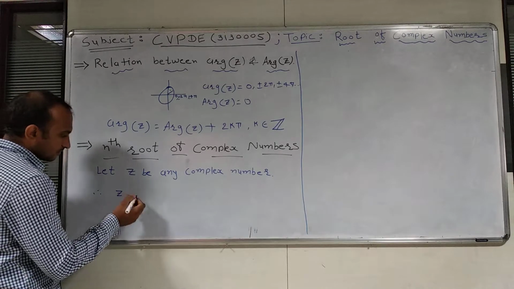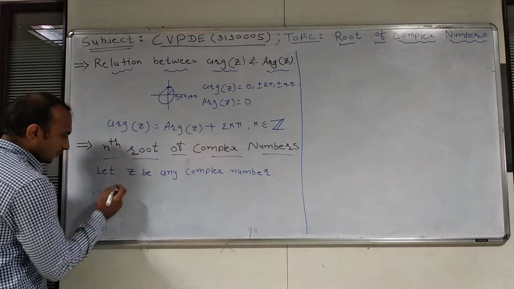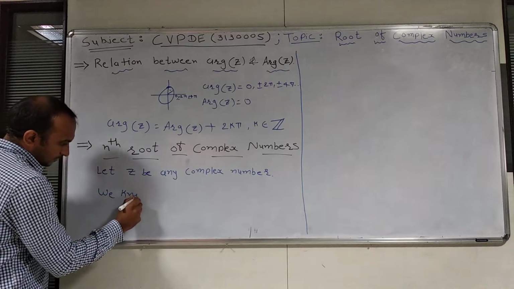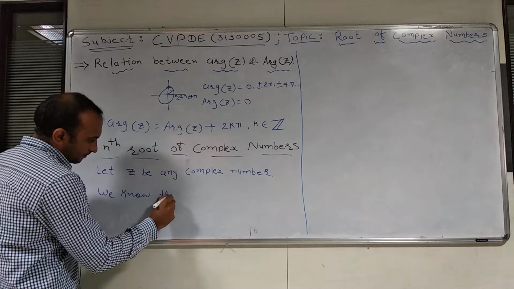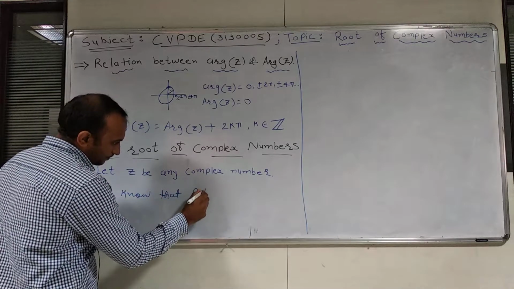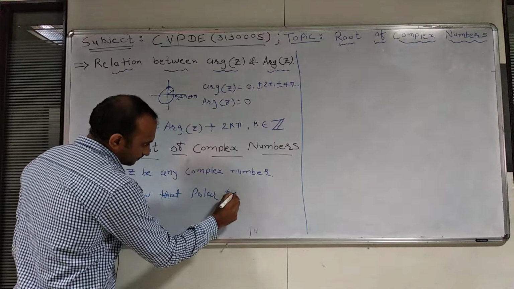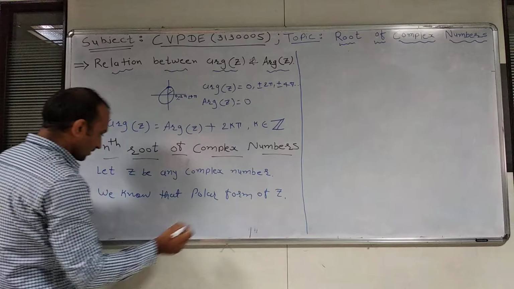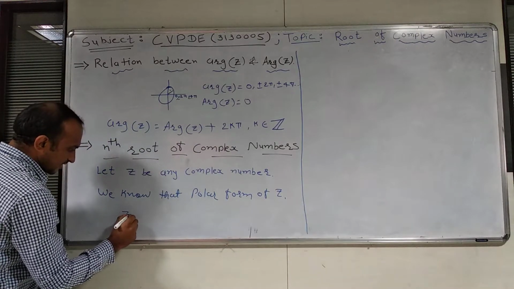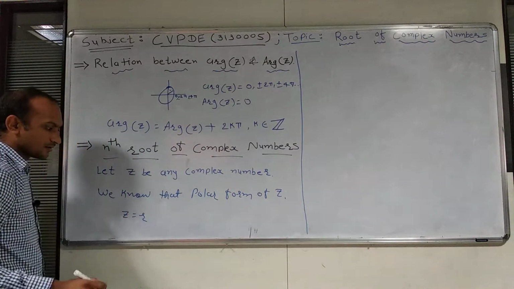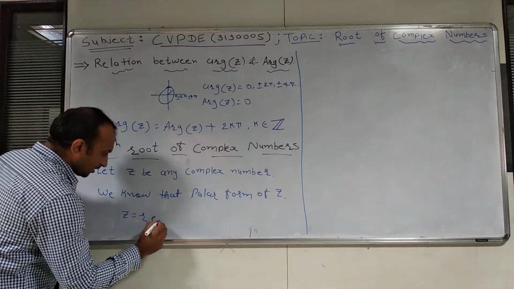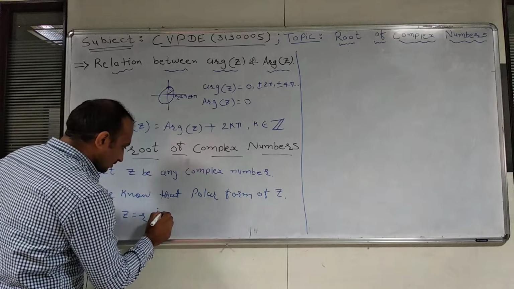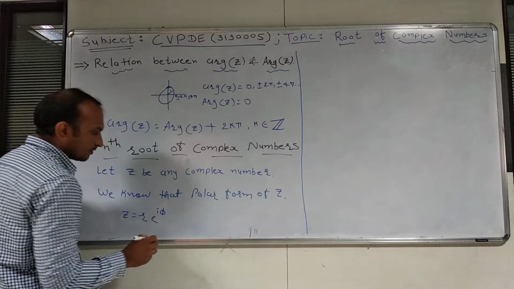Before this, we know the polar form of complex number Z: Z equals R e raised to i phi.